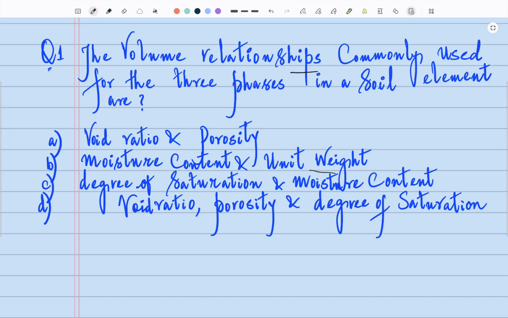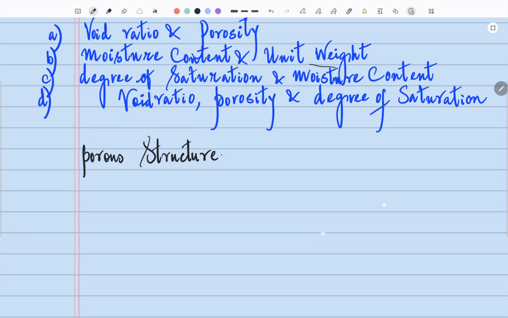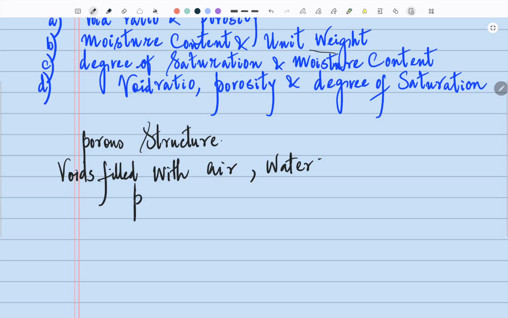We know that the soil mass consists of solid particles which form a porous structure, and it's generally a three-phase system. The voids in the soil mass are filled with air, with water, or partly with air and partly with water.